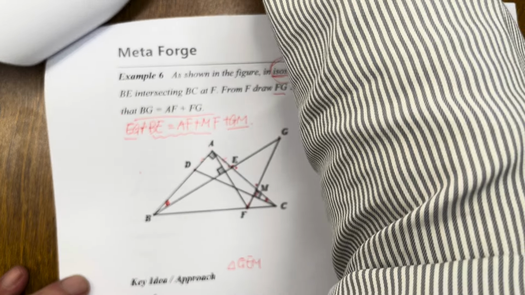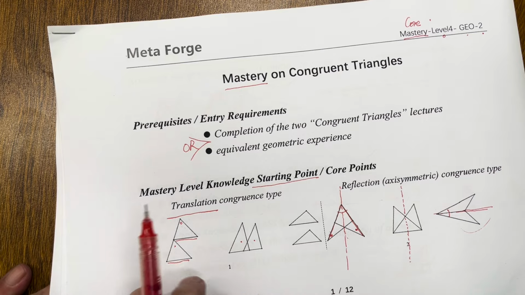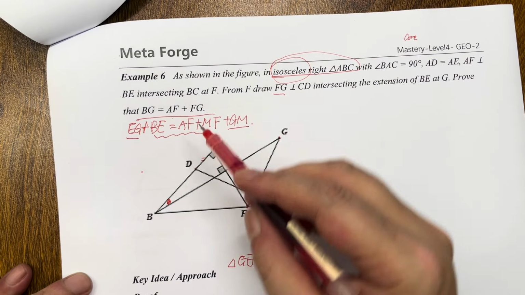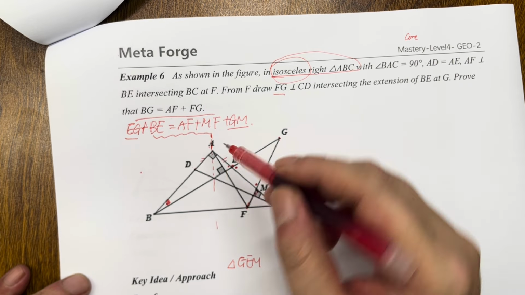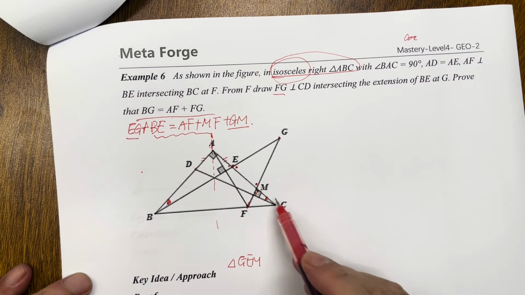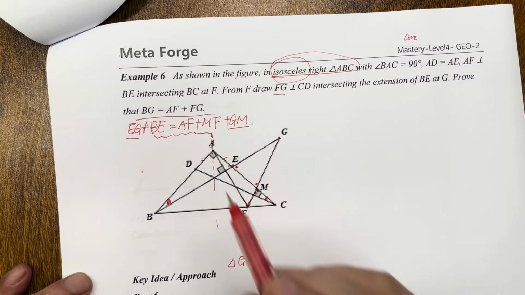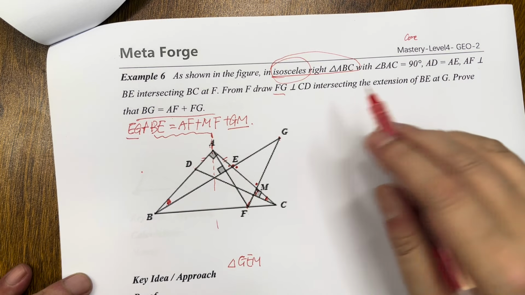This type is this type again. The symmetry axis is here. This angle is congruent to this angle. I write it down very briefly.